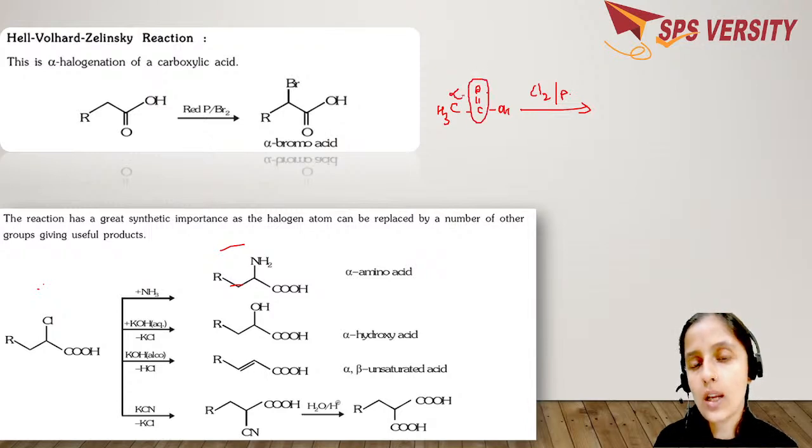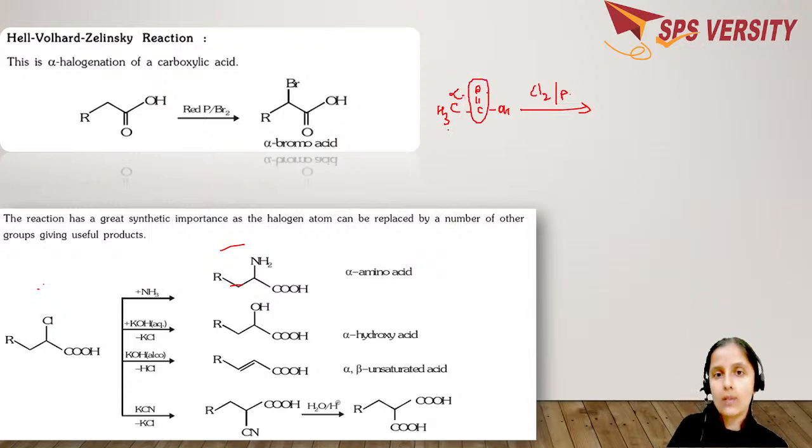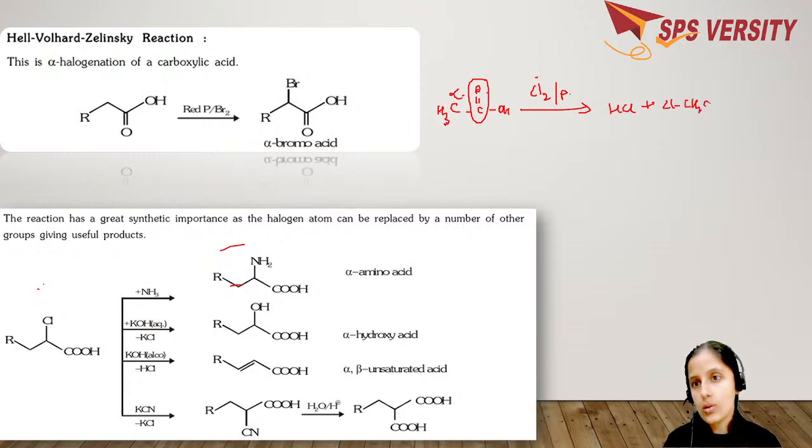The carbon which is immediately attached to it is called the alpha carbon. The hydrogen attached to it is called the alpha hydrogen. So one of the Cl from here will go with H. So you get HCl as one of the products, and this particular H here gets replaced by Cl. So you get Cl CH2 COOH. This may react with one more molecule until all the alpha hydrogens get replaced.